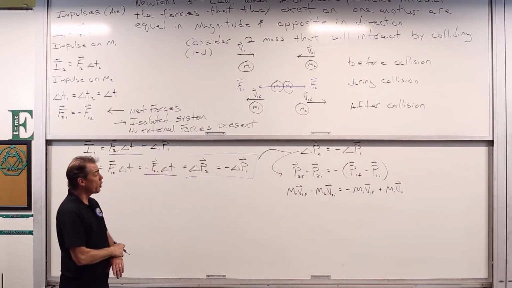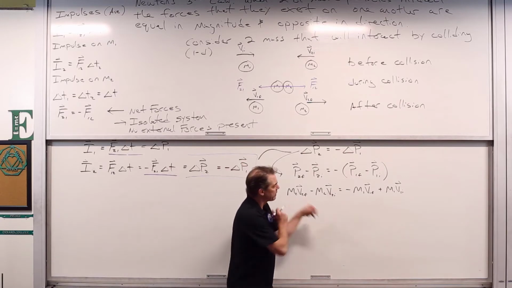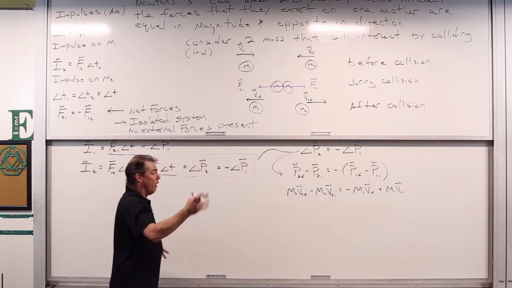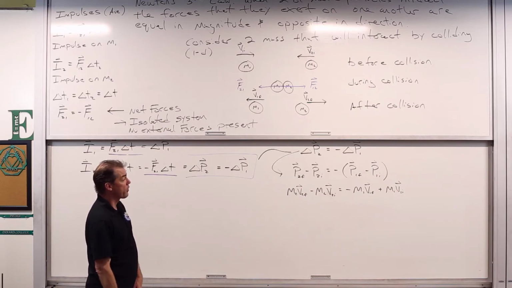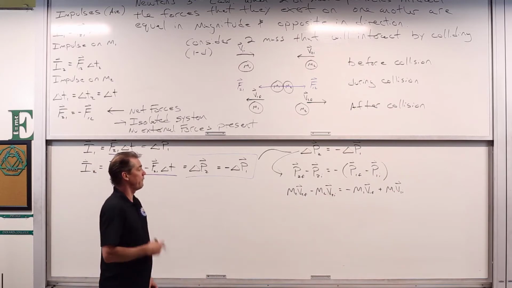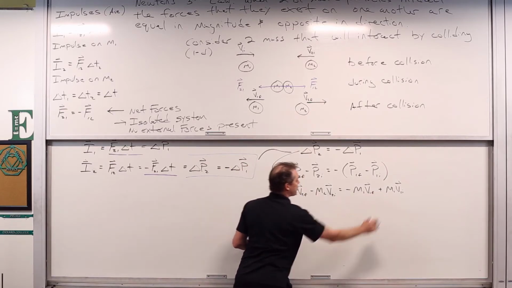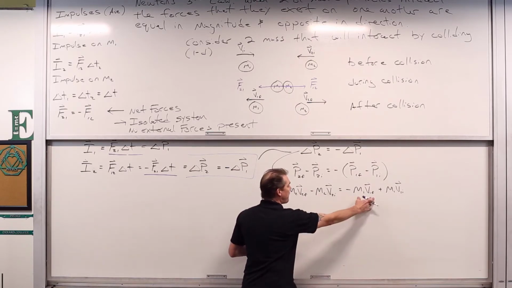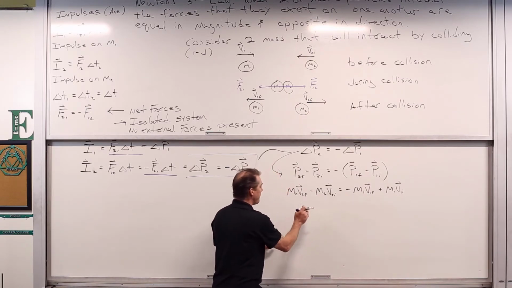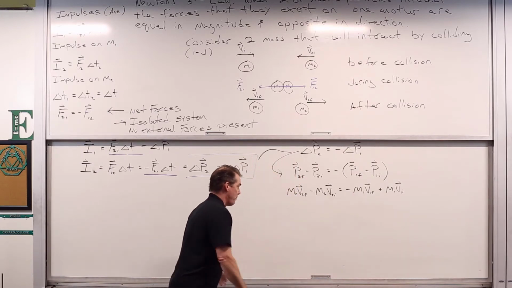So written out in terms of the individual momenta before and after the collision for the two objects, this is what we have. Let's further rearrange some things here. Let me put all of the initial values on one side and the final values on the other side. Let's take this initial value and throw it on that side with the initial value for mass number 1 and mass number 2. Let's take this final value and put it on this side so we have the final values for mass number 1 and mass number 2 regarding their momenta.